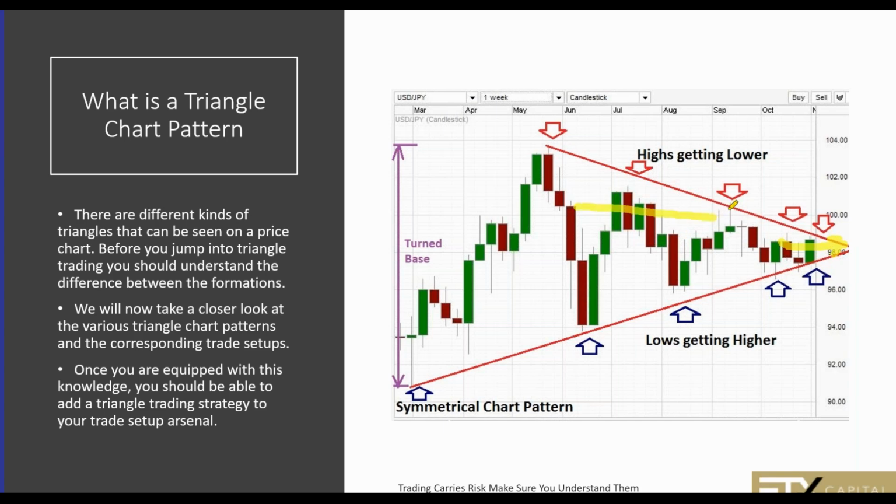And what we're seeing is the buyers and sellers getting pent up into a smaller and smaller price range. Because a symmetrical triangle is when the support and resistance level lines are on basically equal degrees. So what we have is the lows are getting higher and the highs are getting lower as the market constricts.